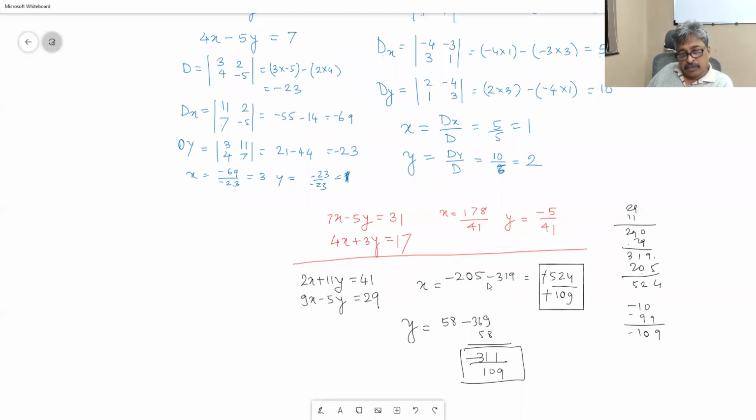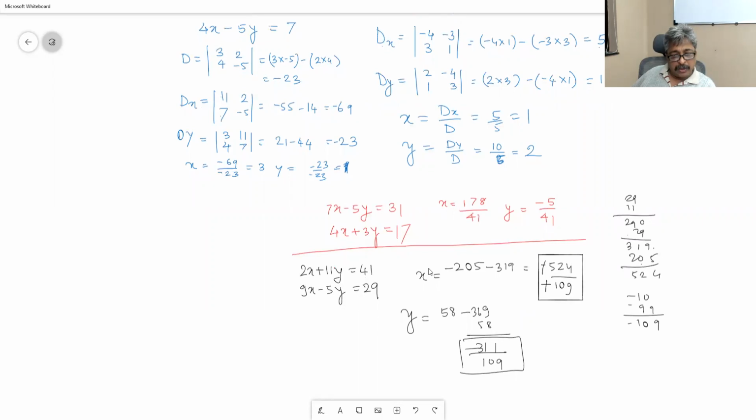Look at this. This is my dx, 524. Only two numbers, multiplied and added. This denominator, this calculation is my d: minus 10 minus 99. That is d. As far as dx is concerned, look at this. Nobody will teach this to you in books or anywhere. This is this into this.